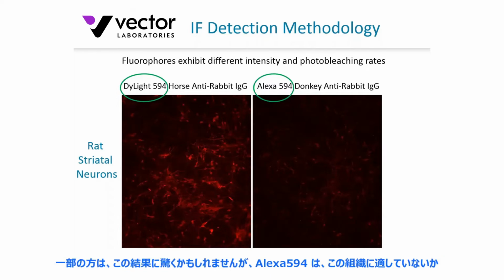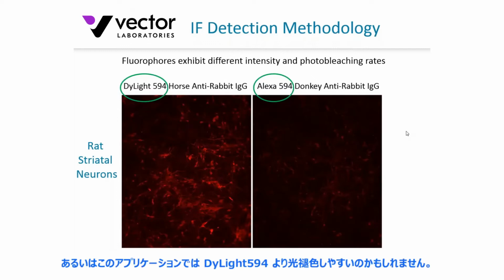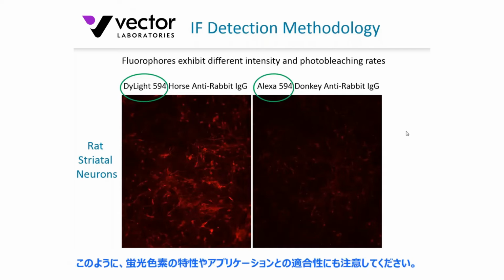This may be surprising to some investigators, but again, it might be that the Alexa 594 is not optimal in this given tissue, or indeed maybe photo bleaching more than the DyLight 594 in this given application. So just be aware of these parameters and limitations of some of these fluorophores.